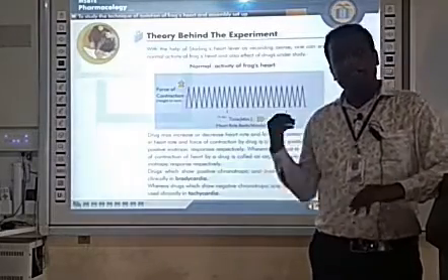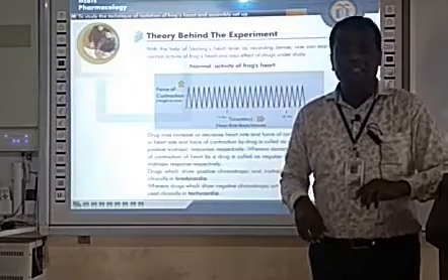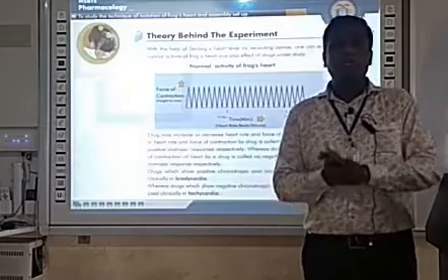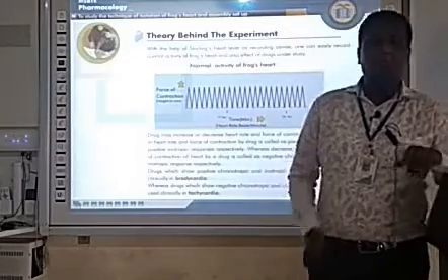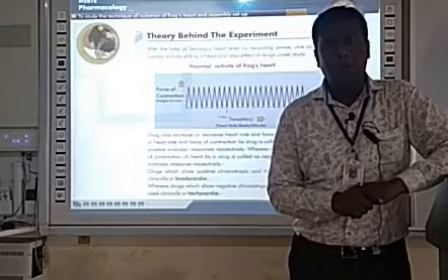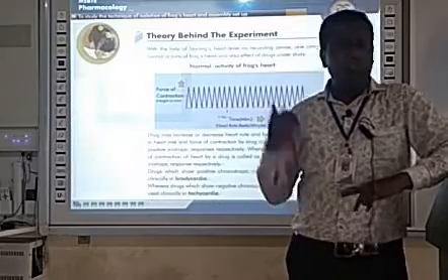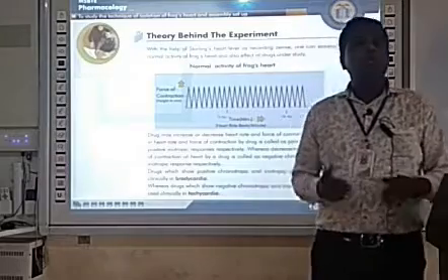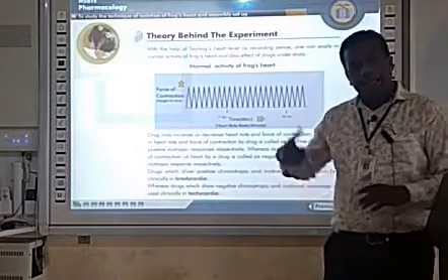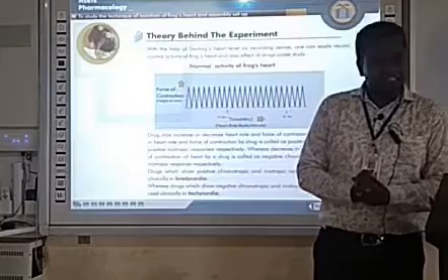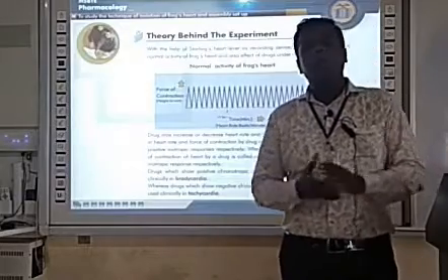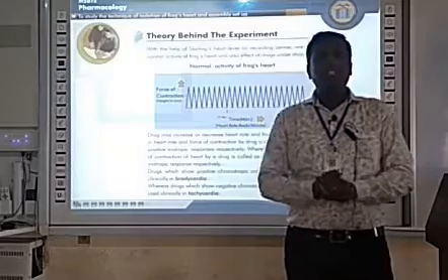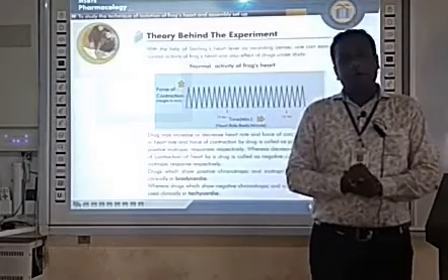That depends upon the drug. Some drugs may produce positive chronotropic and positive inotropic effects, and some drugs show negative chronotropic and negative inotropic effects. As we discussed in the previous experiment, the drug adrenaline shows positive chronotropic and positive inotropic effects, while in today's practical acetylcholine shows negative chronotropic and negative inotropic effects, which means it decreases heart rate and force of contraction.